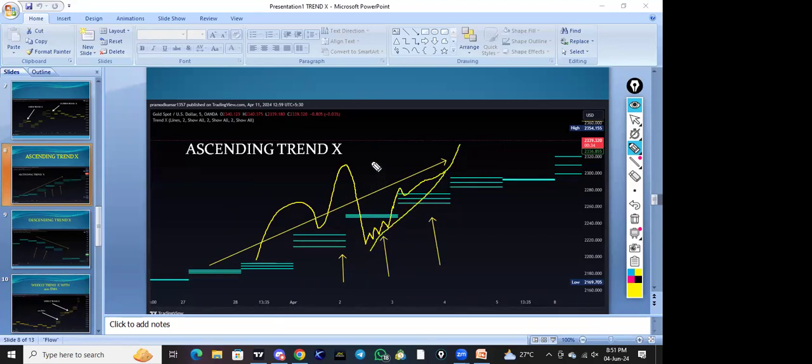With this move, we cannot miss it. If we feel the market came from R2 till S1, I think we missed this trade.